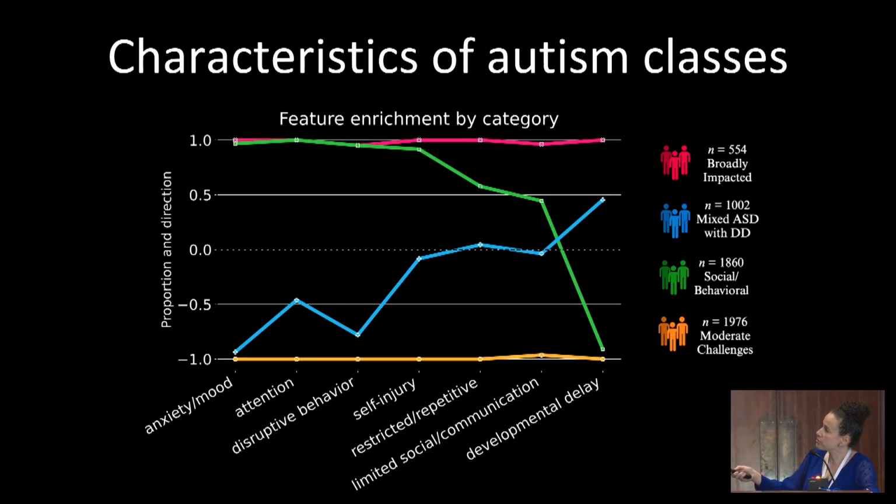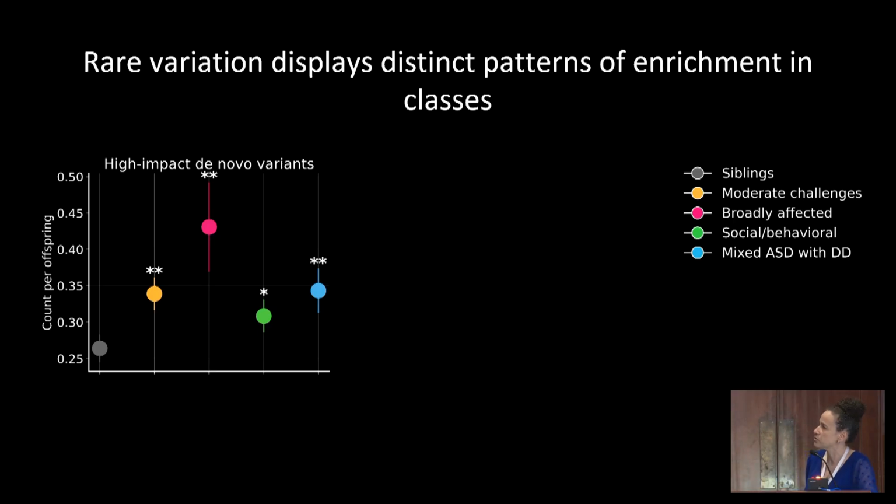And this is in contrast to the blue subclass, mixed autism with developmental delays. These children have significant developmental delays across all spectrums, significant levels of intellectual disability, and almost no anxiety and attention challenges. And then I already told you about the moderate challenges subclass, and that's in contrast to the broadly impacted subclass. These individuals have significant impact basically across every single aspect of this spectrum.